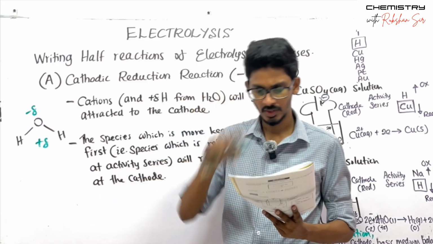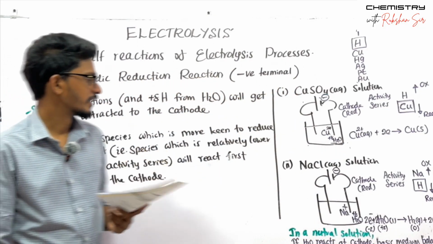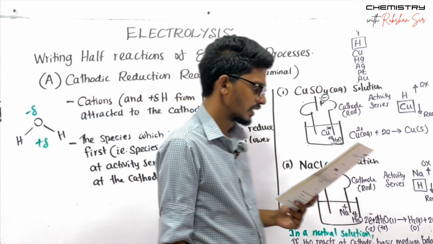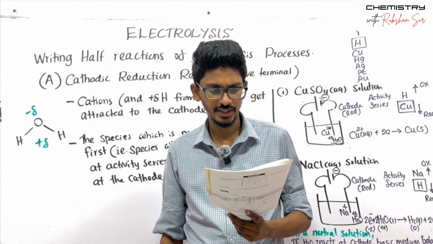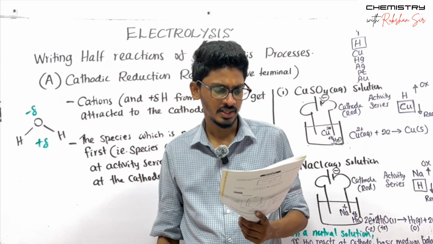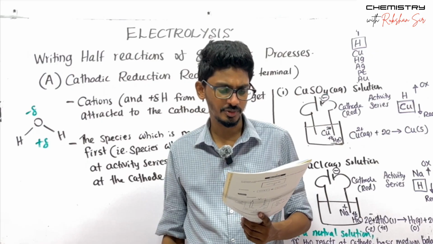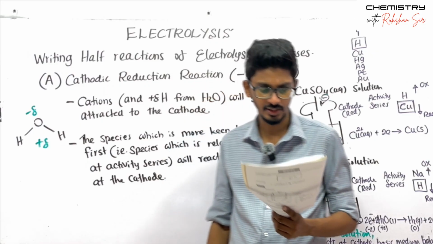See, cathodic reduction reaction. The cathode is the negative terminal here. Cations and H2O, from its positive delta hydrogen terminal in the electrolyte, approach the cathode. The species which is more keen to get reduced, the species which is relatively lower in the activity series, reacts first at the cathode.